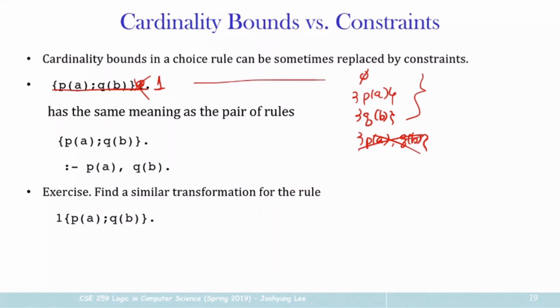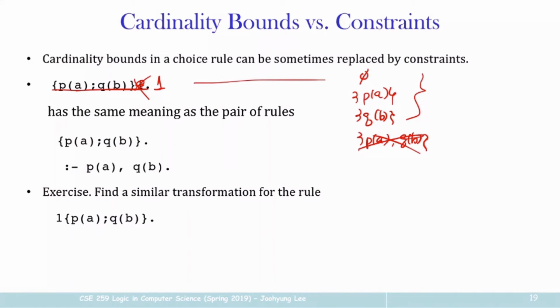So you're choosing any subsets of P of A and Q of B, but you don't allow one particular case: P of A is not there and Q of B is not there, meaning that you're going to eliminate the empty set. The empty set is the only one that has lower bound less than 1, right?